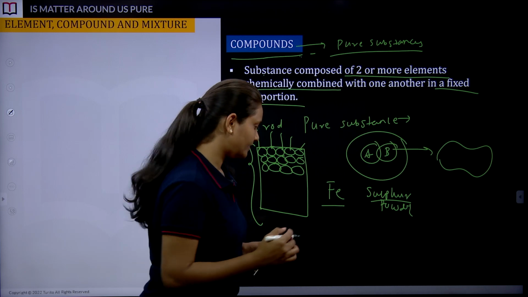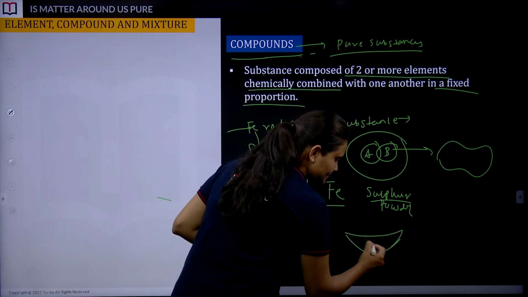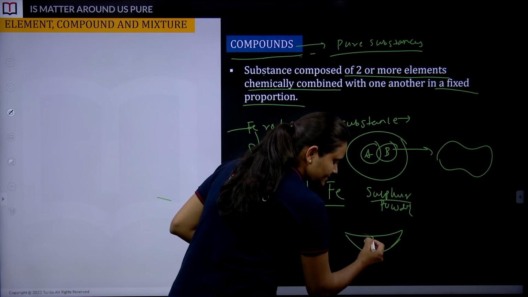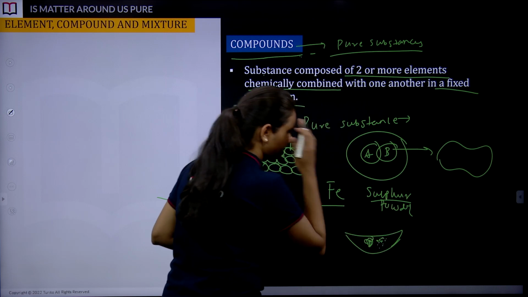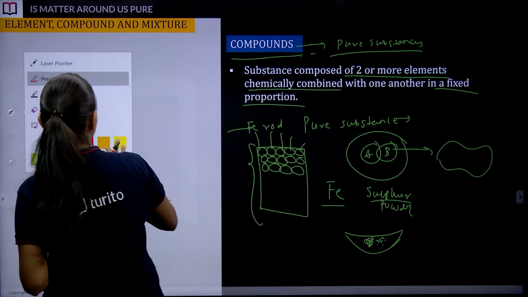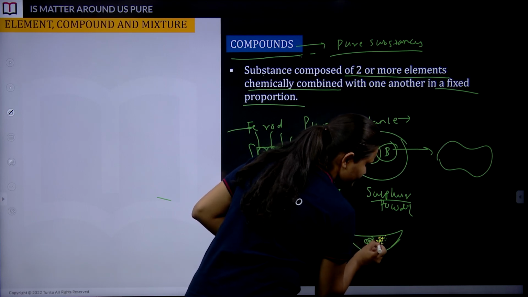I'll draw here. Suppose this is a container. In this you have taken some iron filings, and along with that you have taken some sulfur powder. I'll use the other color. This is sulfur powder, and this is iron.